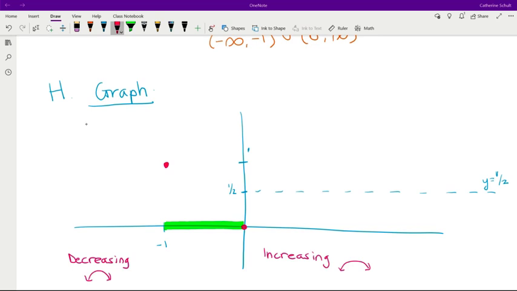So here our graph is decreasing, and we're concave down, so we're going to be looking something like this. Skip the domain restriction and now we're here. And we're increasing and concave down. And as we go to positive infinity, we have to tend towards this line. So we can do something like that. And that's that.